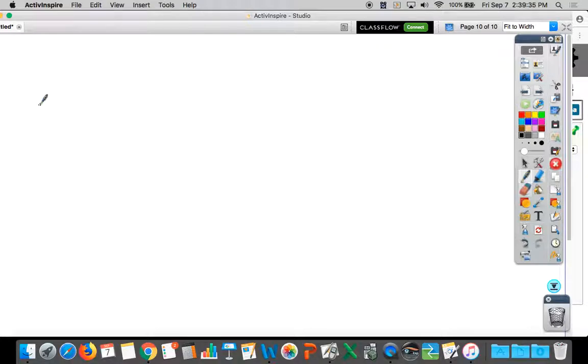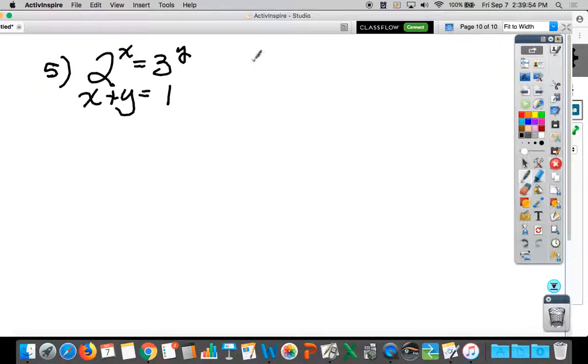All right, then the next one we have is number 5. Number 5 says, given the simultaneous equations, show that, we all know what show that means, that's going to be our answer.